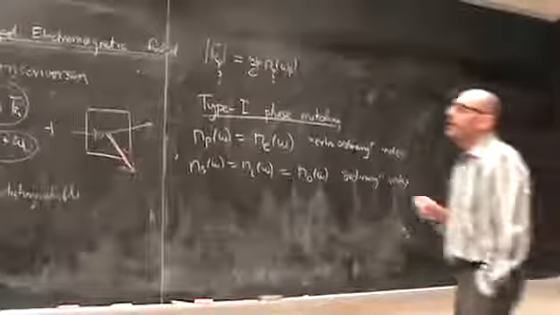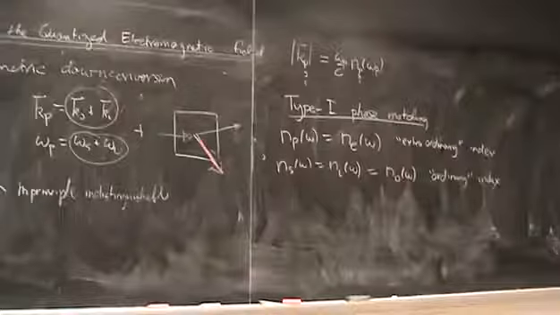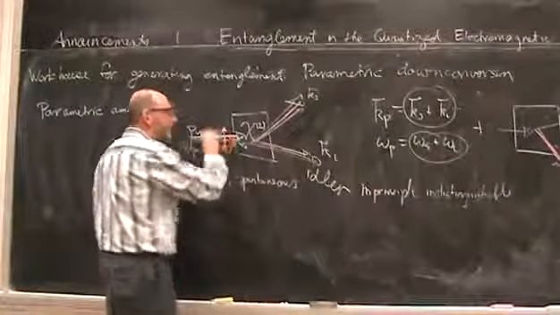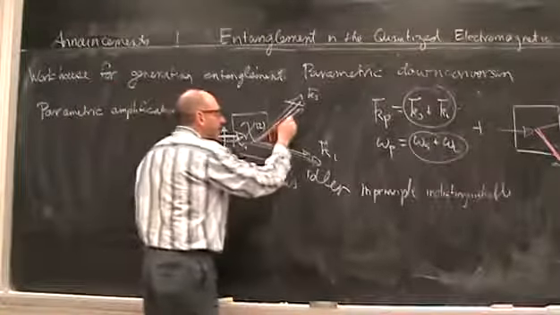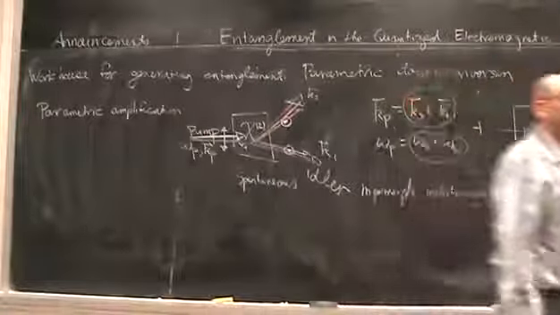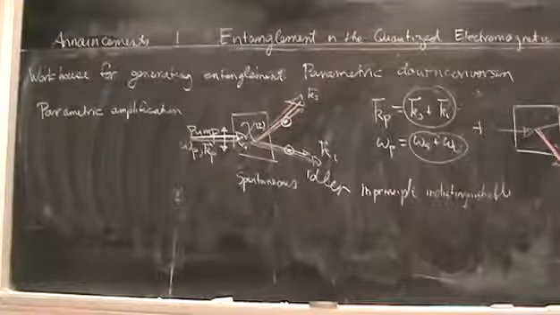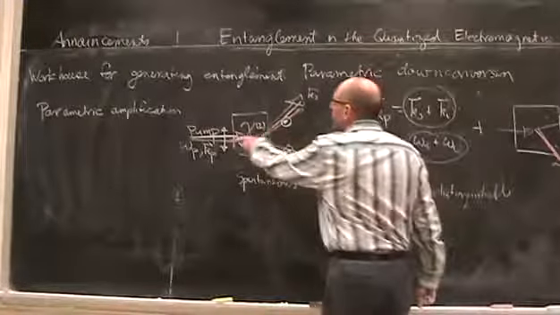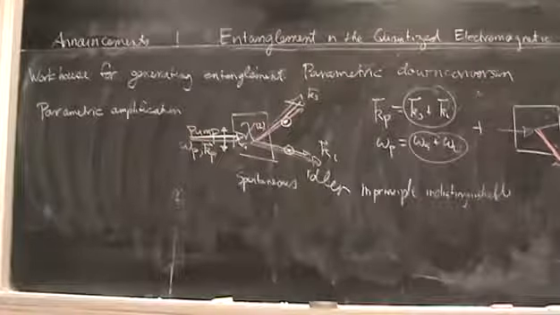The point is that you put in a pump that is polarized in the extraordinary direction relative to the optic axis of the crystal, and you get out down-converted photons that are polarized perpendicular. This configuration is called type 1 phase matching.